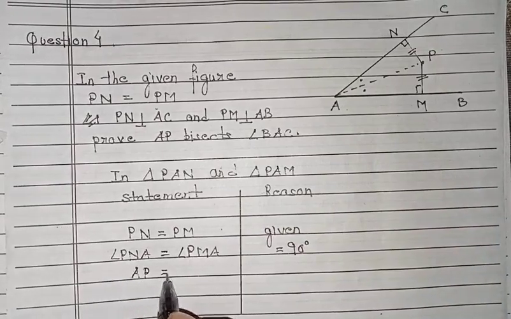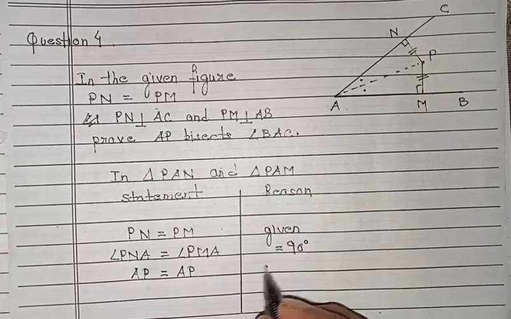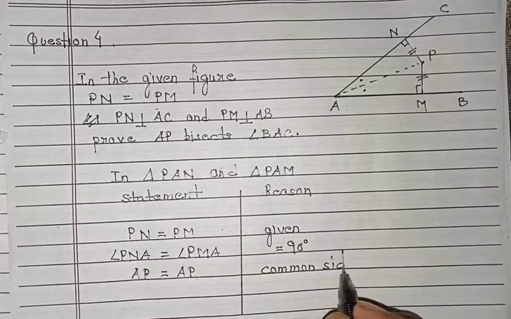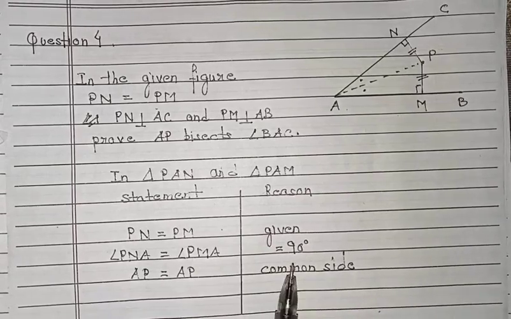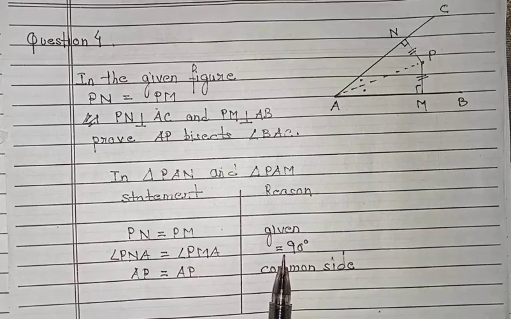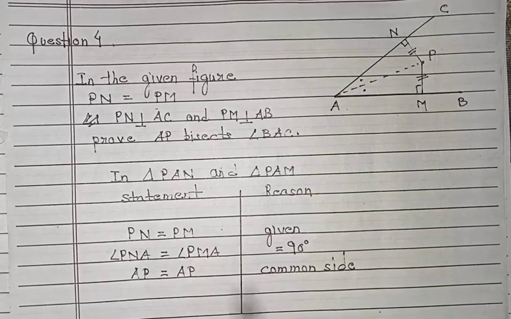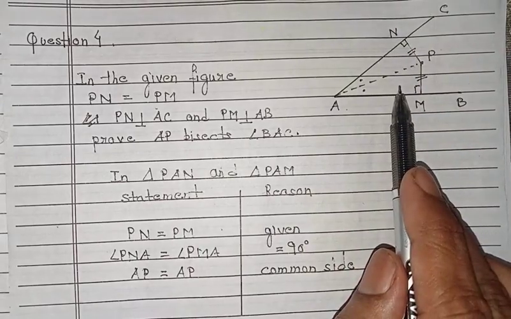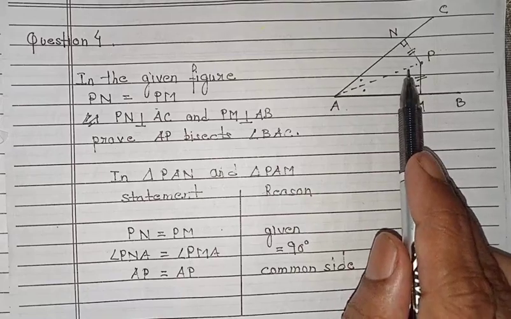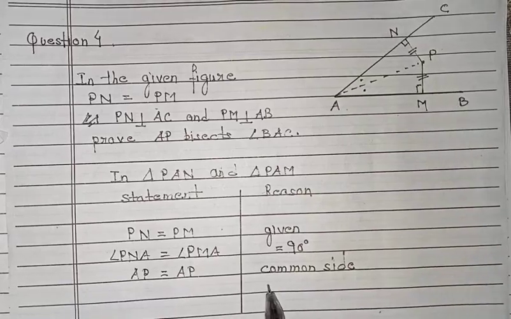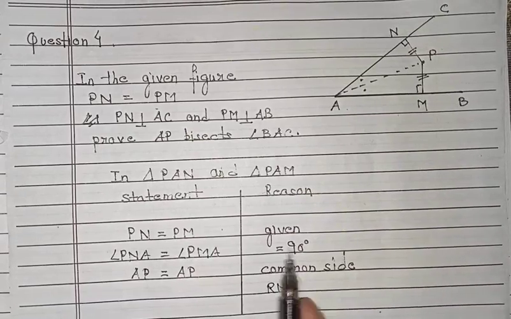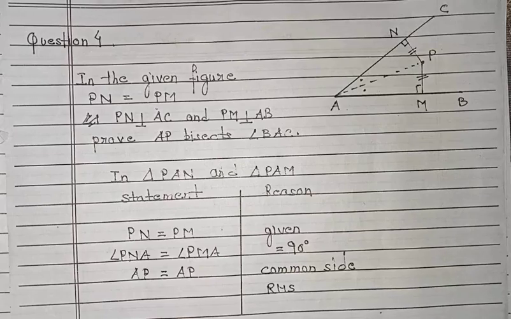So AP is equal to AP being the common side. So showing one angle of 90, AP is the hypotenuse. We have shown hypotenuse is also equal and one of the sides is also equal. So by RHS we can say that the two triangles are congruent. So here we have used the property RHS.